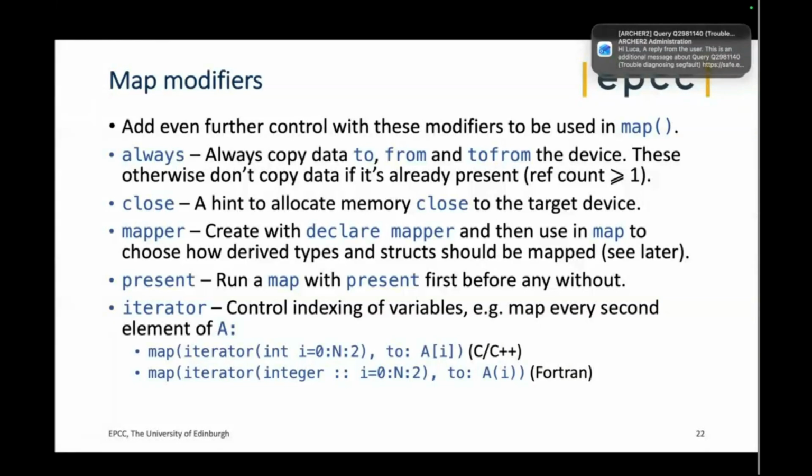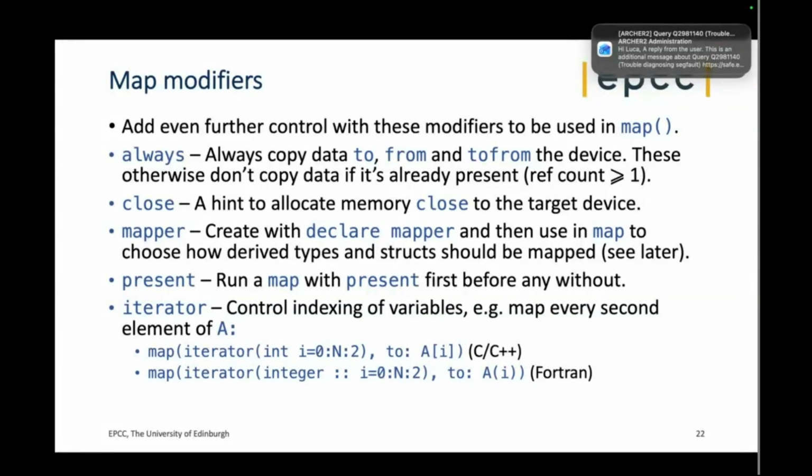It's really just a hint on where to allocate the data. So OpenMP will allocate the data on the device, but you don't tell it where exactly to allocate it. So there might be different memory spaces where you can allocate it. So OpenMP tries to be as hardware agnostic as possible.